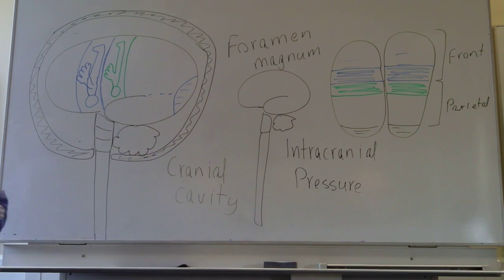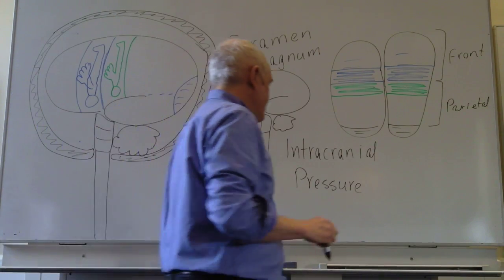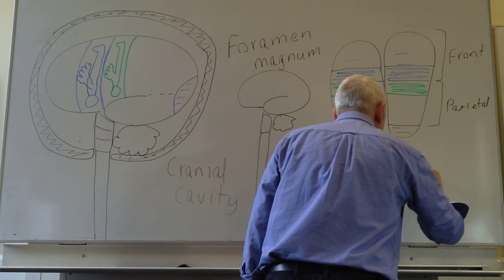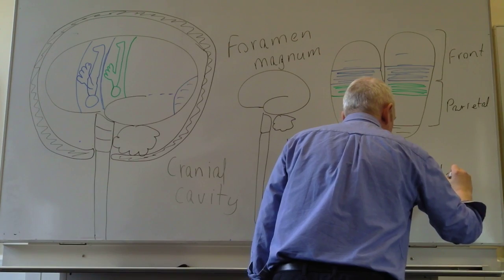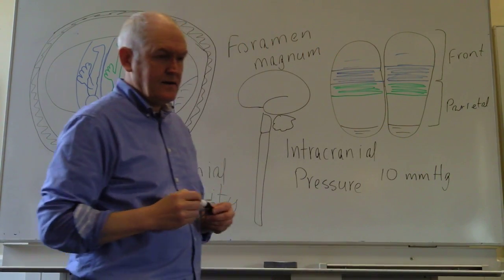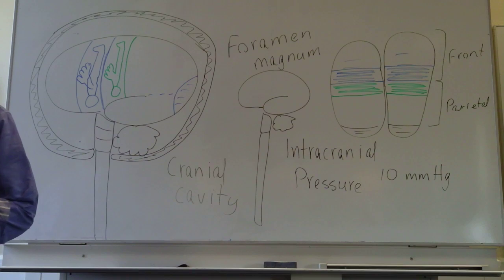And when you're lying down, yours is probably around about 10 millimetres of mercury. Give or take. When you're standing up, it's going to be less, but when you're lying down, it's about 10 millimetres of mercury. So there is a definite pressure in there.